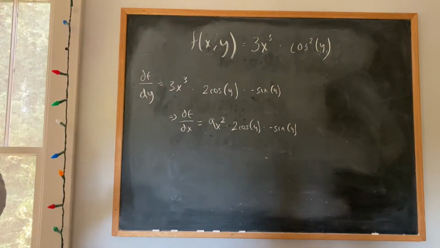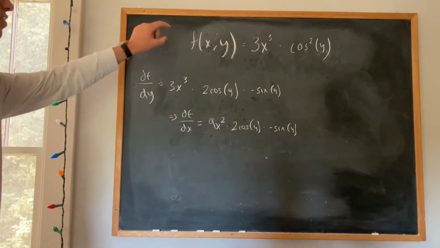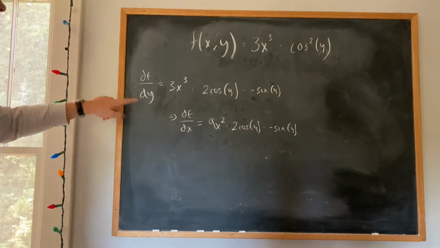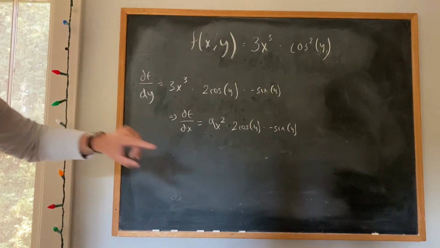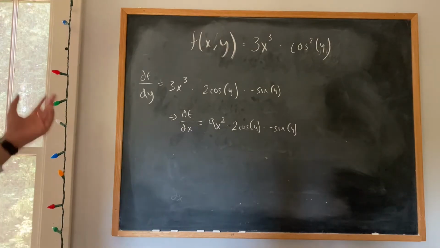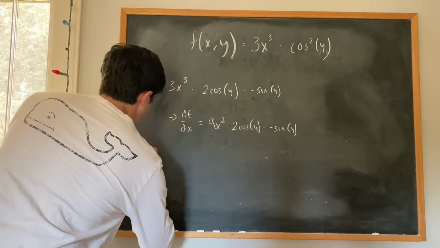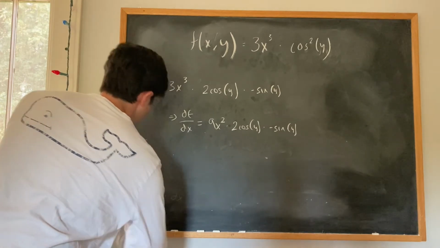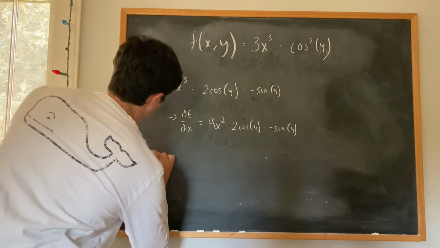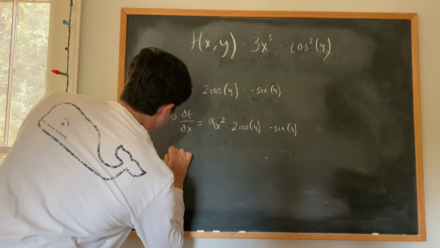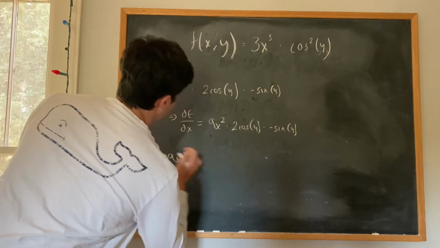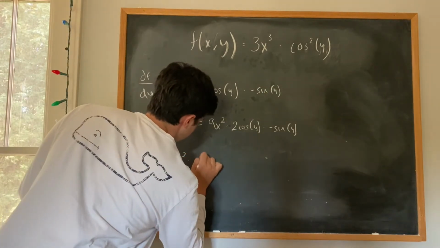Now, essentially what Clairaut's theorem says is that if I do this backwards, so if I do x first and then y second, I'll get the same result. So let's just verify that. If I start with x, I will start with 9x squared times cosine squared of y.